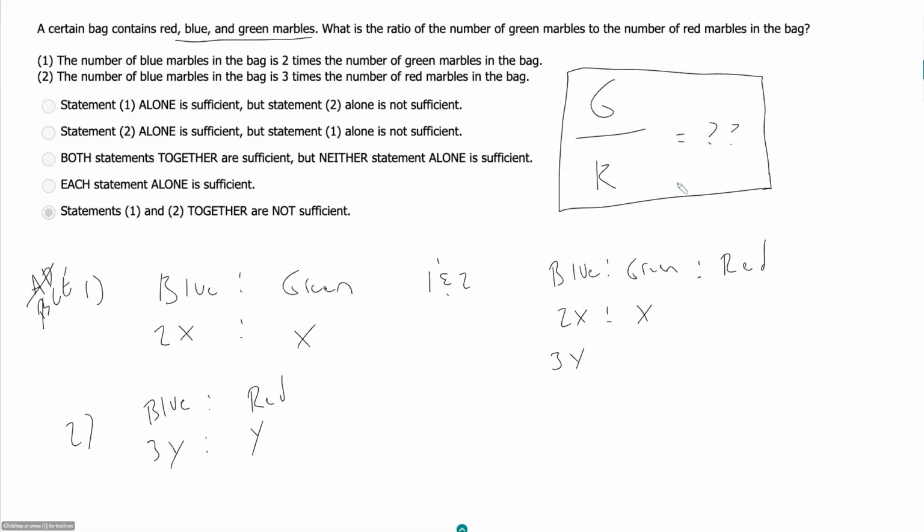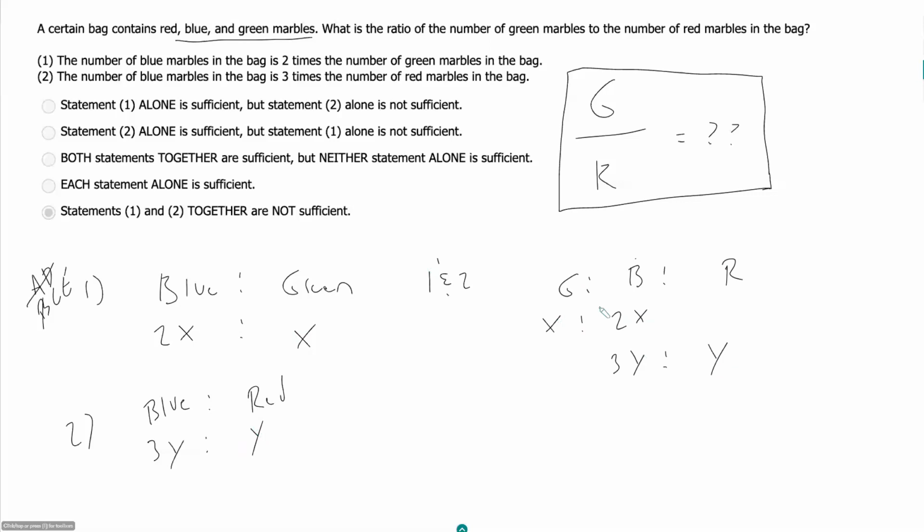What I actually want to do here is put blue in the middle, because blue is how everything is connected. So I'm going to write this as green to blue to red. Green to blue is x to 2x. I'm just flipping these. And then blue to red is 3y to y. And so this is a different ratio, so I'll put that below here like that.